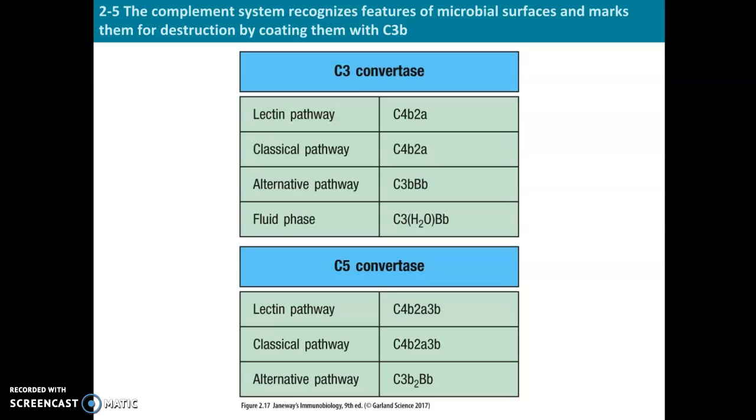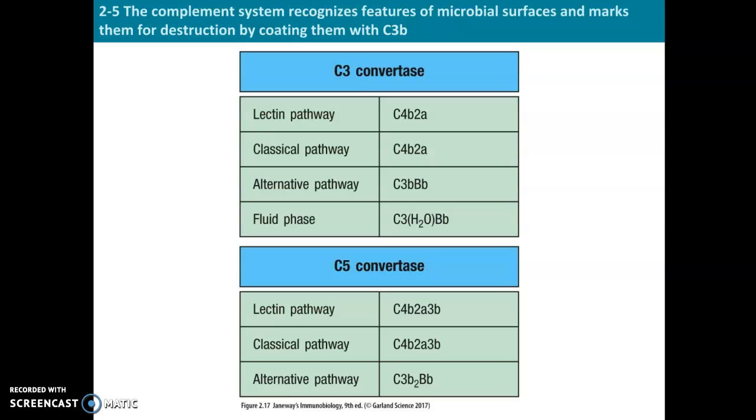create a C5 convertase. In the lectin pathway and the classical pathway, the C3 convertase in both cases is C4b2a. In the alternative pathway, it's C3bBb.